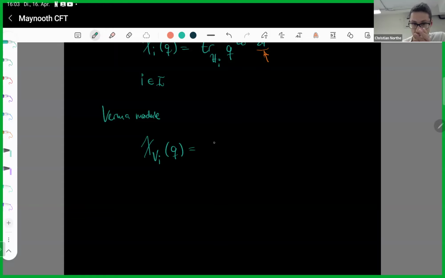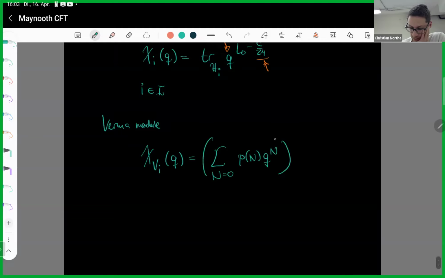We counted states. We started from a primary state, and we had this result here, q to the n, with h plus 1, h plus 2, h plus n.